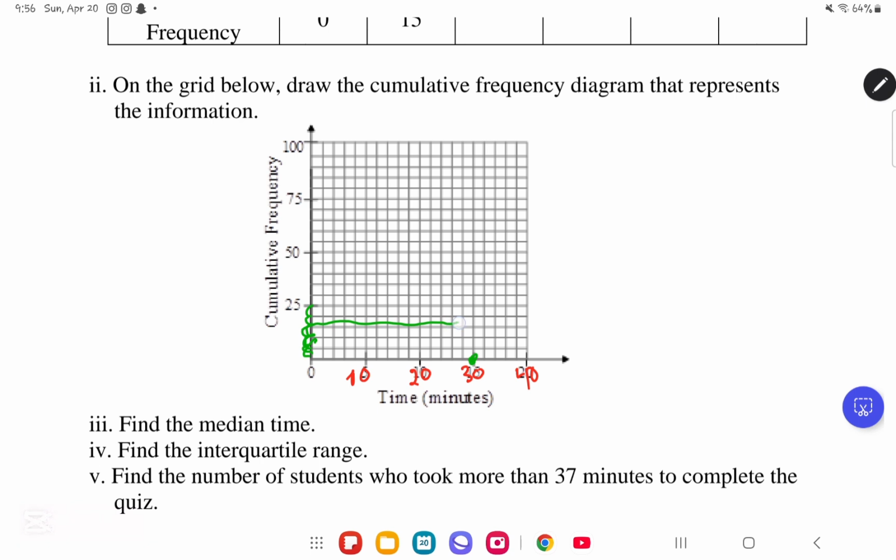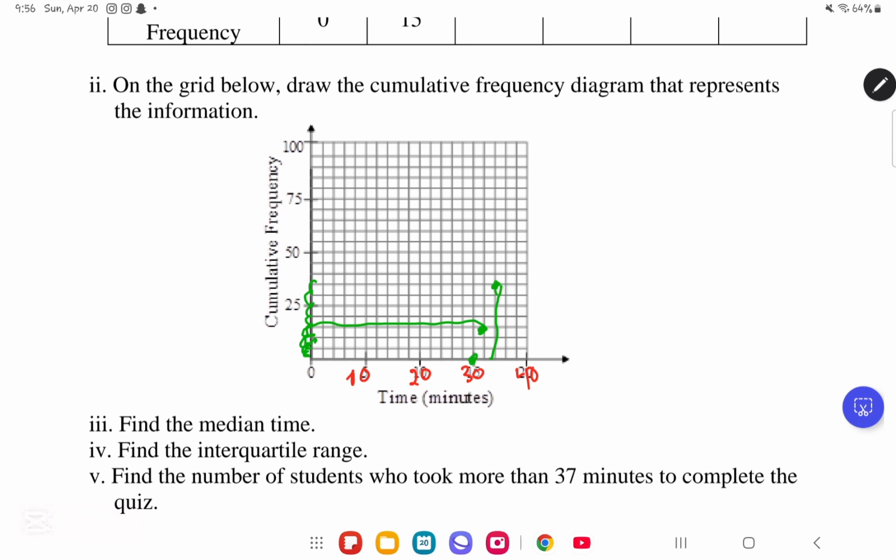My bad, 32 is going to be over here. So 30 is 0, 32 is 15, 34 is 35, so over here.